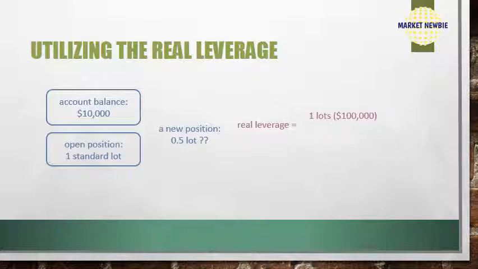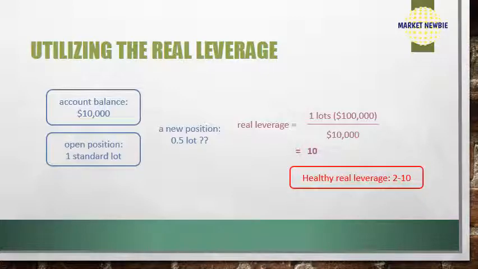This equals one lot, that is $100,000, divided by her account balance, which is $10,000. This gives a real leverage rate of 10. Because healthy leverage rate should range between 2 to 10, Lisa is better off not opening this position.